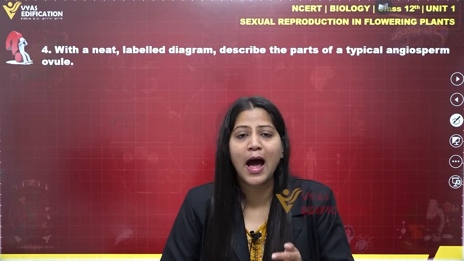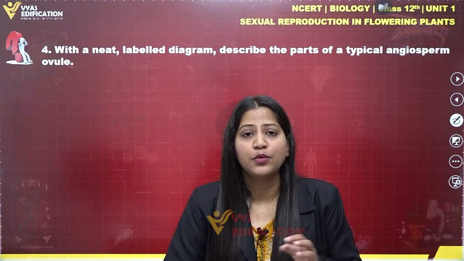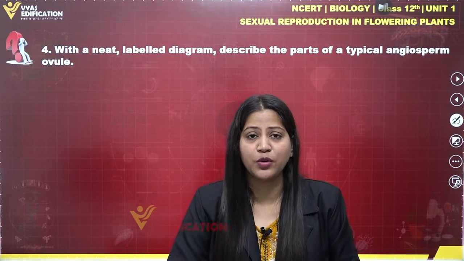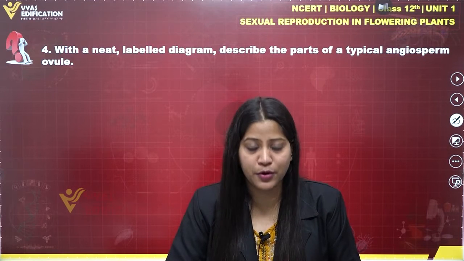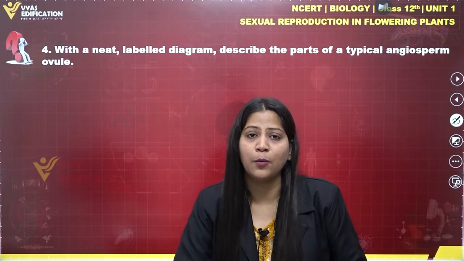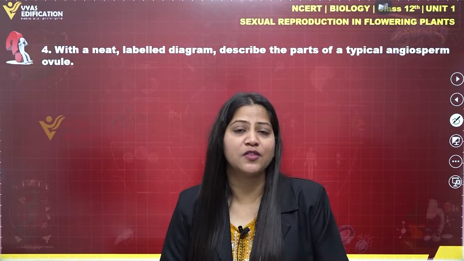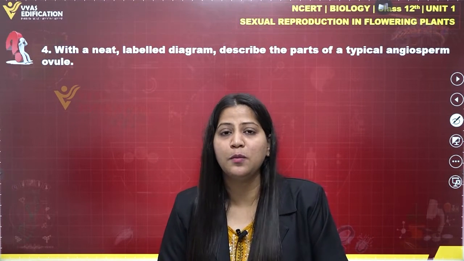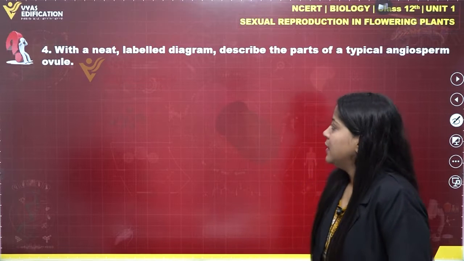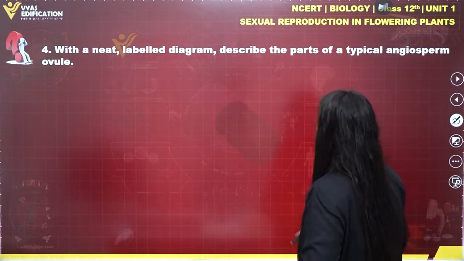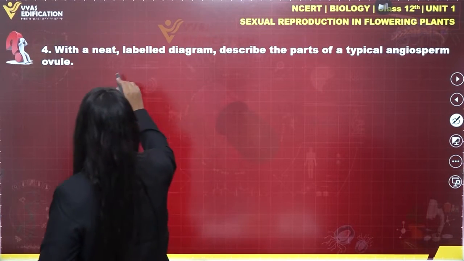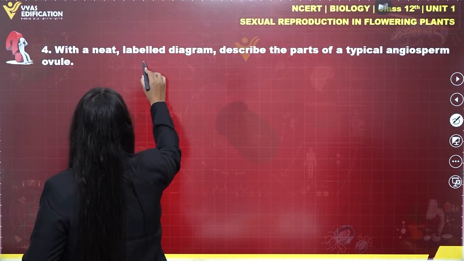Also the ovule has coverings known as integuments, which protect the developing embryo, and a special kind of cell known as the megaspore mother cell, which is diploid and gives rise to megaspores. Now if we draw a diagram of the ovule, it will be like this.